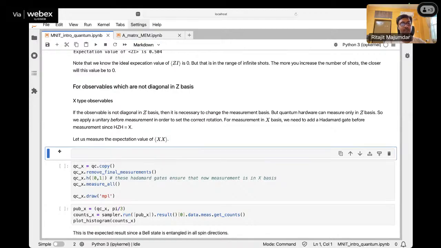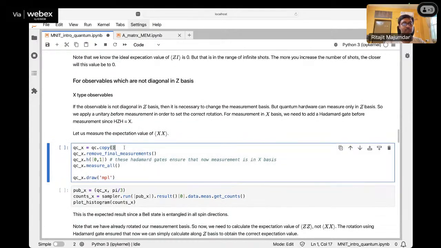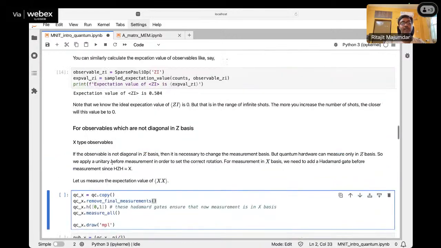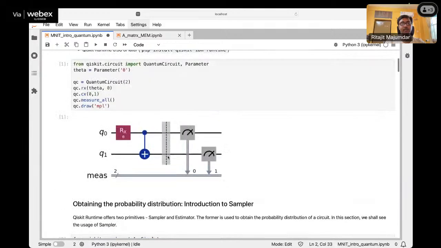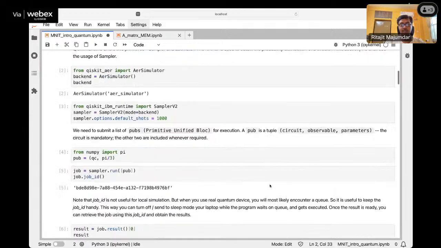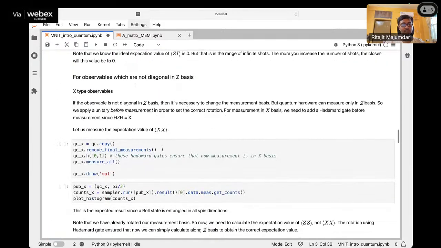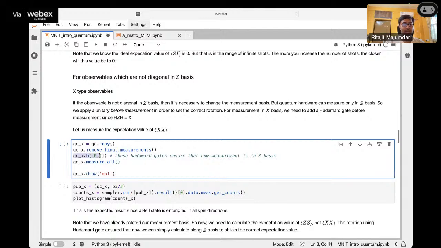So here, what we do is I have created a copy of the quantum circuit. I need to remove my final measurement because I am going to measure in X. So I need to apply Hadamard gates. When I say remove final measurements, it just removes these measurements because I now need to apply a Hadamard here. I have applied the Hadamard gate here, and then I am just measuring it.